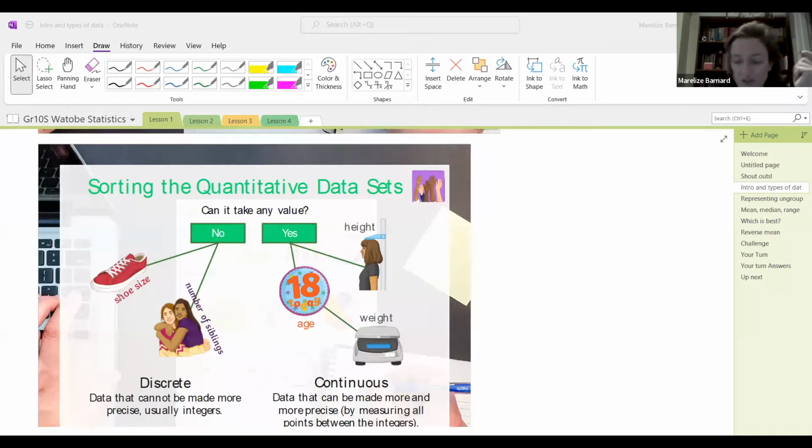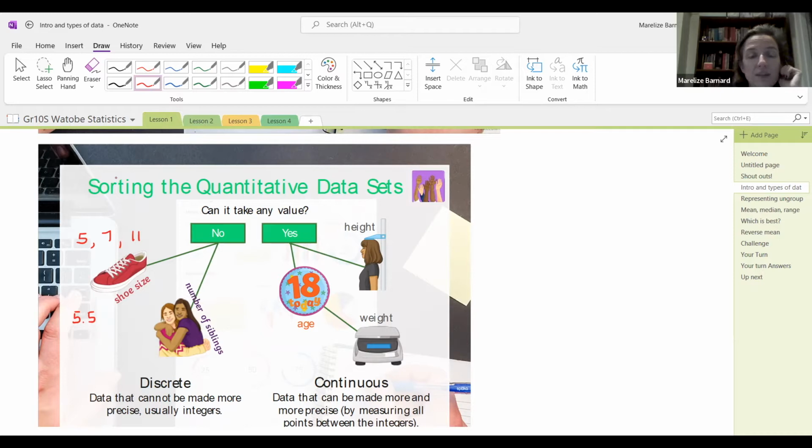So think of shoe size. Shoe size can only be a very specific value, like a 5, my shoe size is a 5, and a 7 and an 11. Yes, you get half sizes in shoes as well, but it's still very specific, and it's more about the shoe size than actually measuring anything.